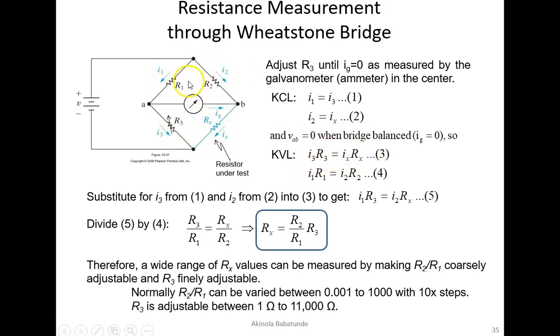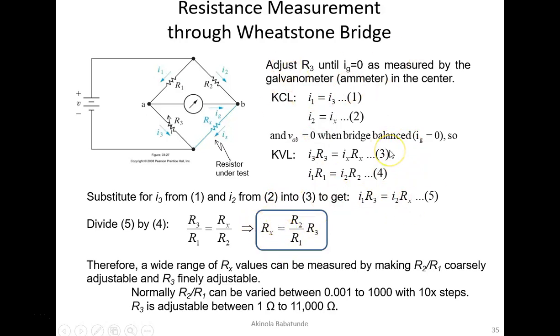The same principle is applicable to this closed path. So our I1 R1 will be equal to I2 R2, applying the KVL principle. By the way, this is just mathematics, so you can solve these equations 1 to 4 the way you want. The most important thing is that when you are solving the equations, you make Rx the subject of the formula.